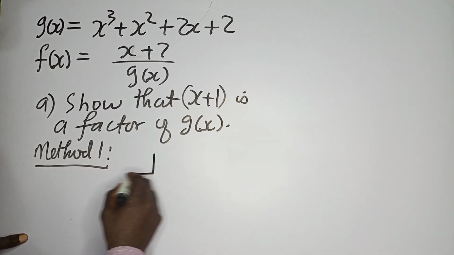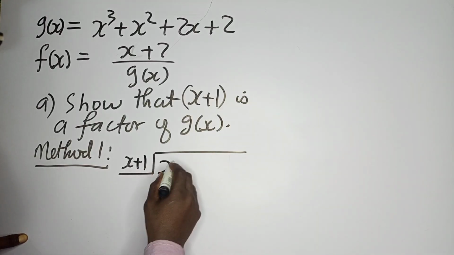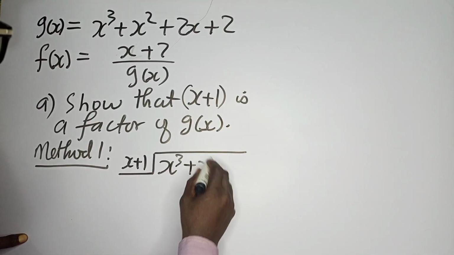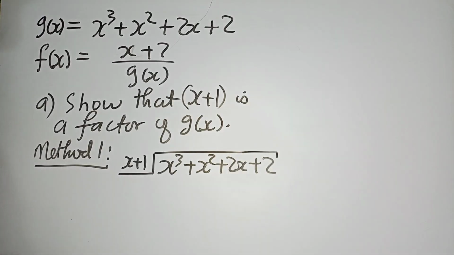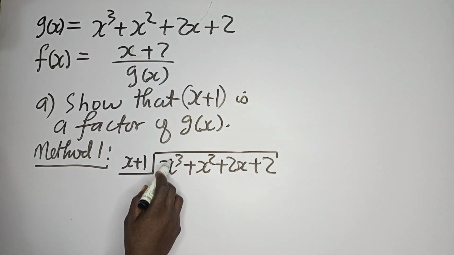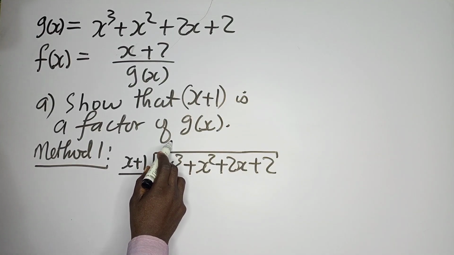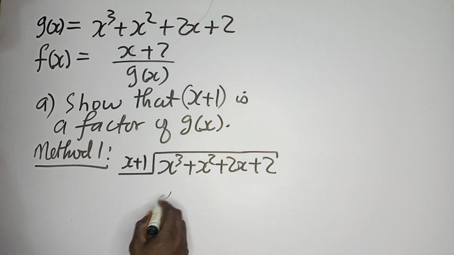Now let's do that quickly. We have x cubed plus x squared plus 2x plus 2. Carry out this Euclidean division. So what are we going to write up here, just above x cubed? It should be an expression such that when we multiply back, we're going to have x cubed here.